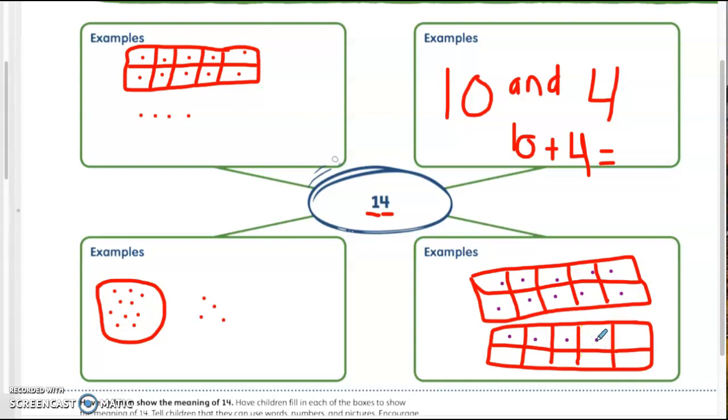So a couple of things I want you guys to do. I want you to start counting between 11 and 20 to make sure you can get those teen numbers down.